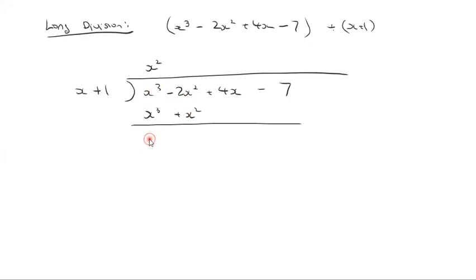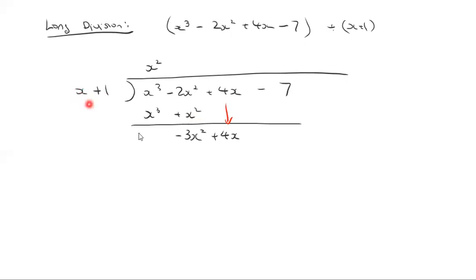This thing must go away completely, or else you've made a mistake. But then you've got this leftover part, minus 2x squared minus minus x squared will give you minus x squared. And just like long division, you then bring down your next digit, which is plus 4x. And you repeat the process.